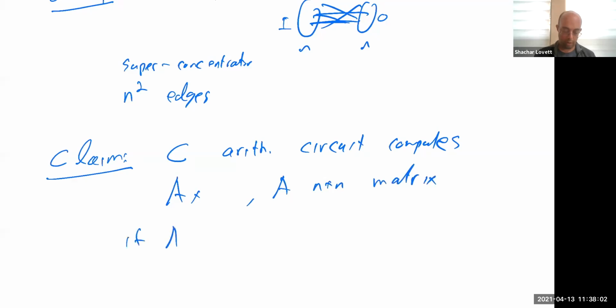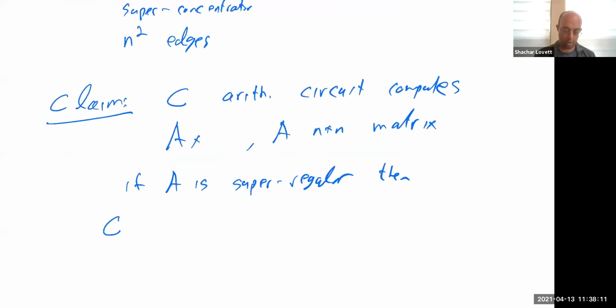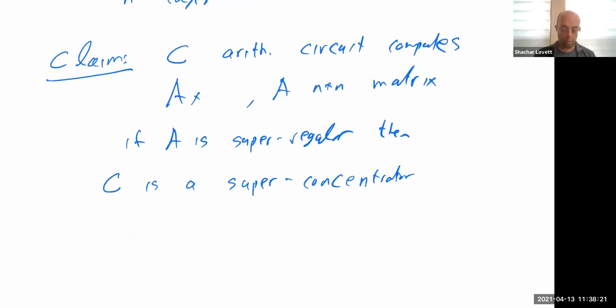If A is super-regular, then C is a super-concentrator, meaning the graph of C, where I is the inputs and O is the outputs.